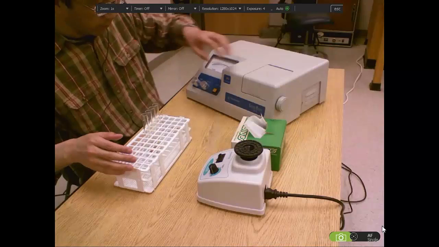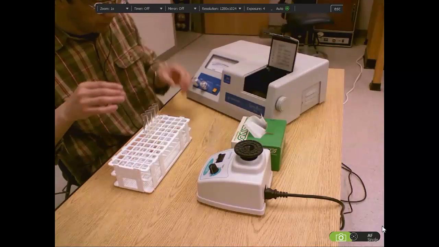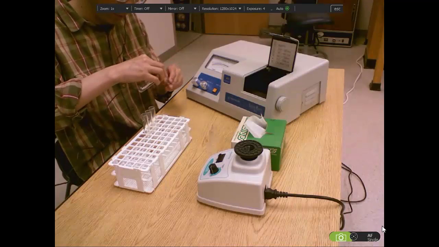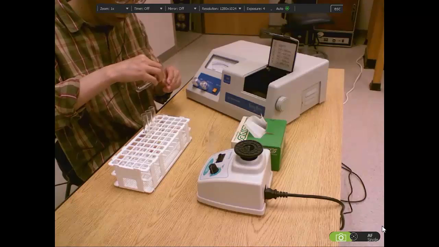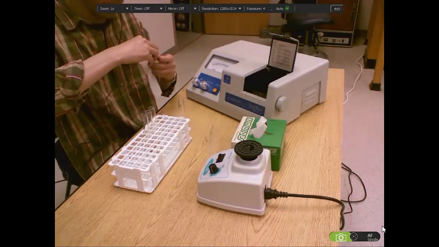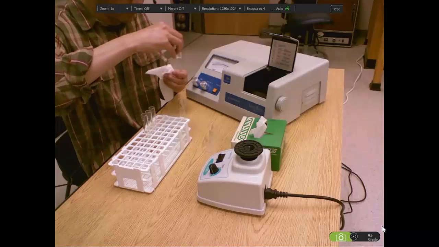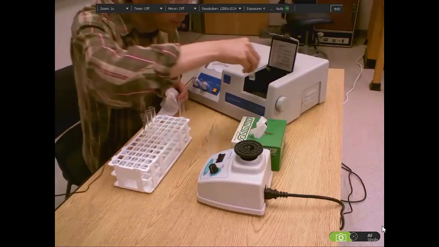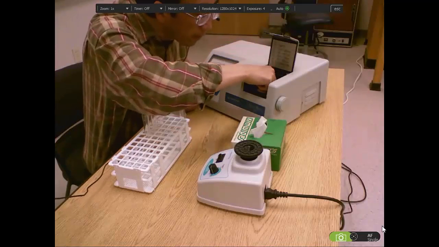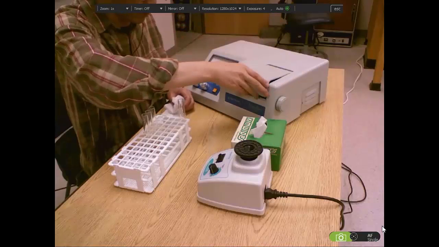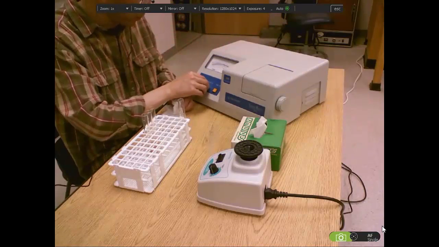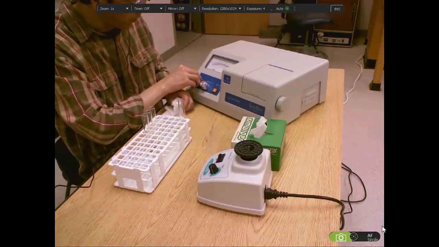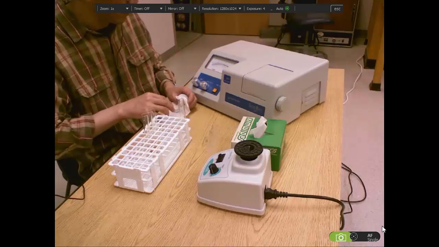First of all, let me open this chamber and use the blank to calibrate the machine. Before we put it in, we use a Kimwipe to wipe the outside of the cuvettes. This is called a cuvette. So there's a chamber here you can put it in and adjust to 0.